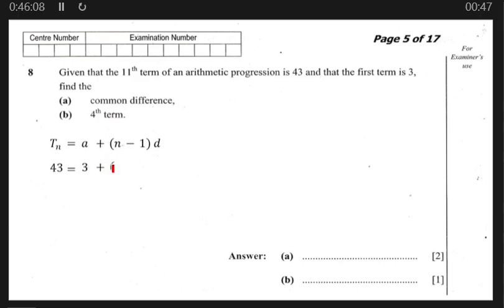Then they've said n is the position of that nth term. So 43 is at position number 11. So we'll say 11 minus 1, close brackets, then D, which we don't know. So now we have an algebraic expression or an equation.